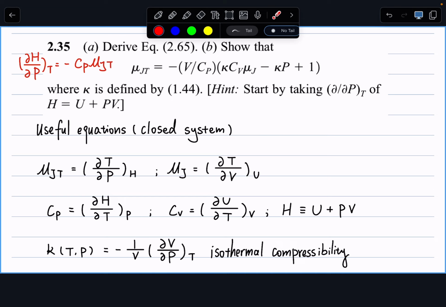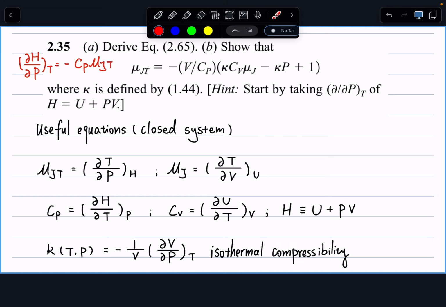So effectively, our problem becomes negative Cp μJT, just moving this one and the negative to the left, equals χ times Cv times μJ times V minus χ times P times V plus V. That's just moving the terms.